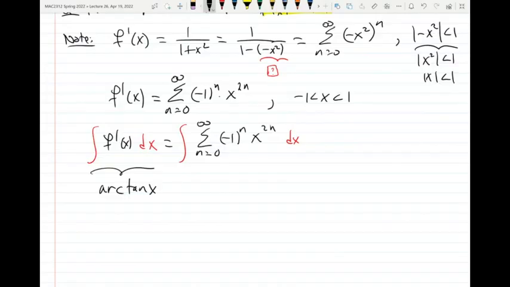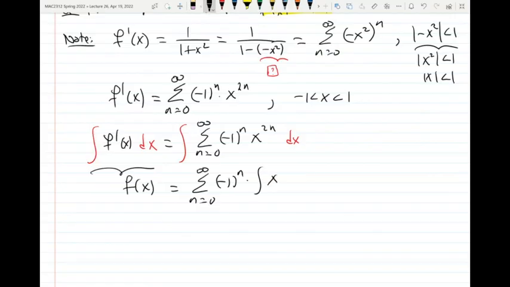So we get arctangent of x, and that's going to be equal to the sum from 0 to infinity of negative 1 to the n times, what's the integral of x to the 2n? x to the 2n plus 1. Okay, let me write f of x. So let me write that step. Remember, you write the integral, you pass the integral through, okay?